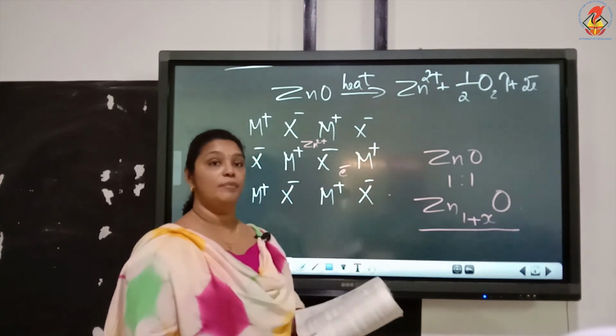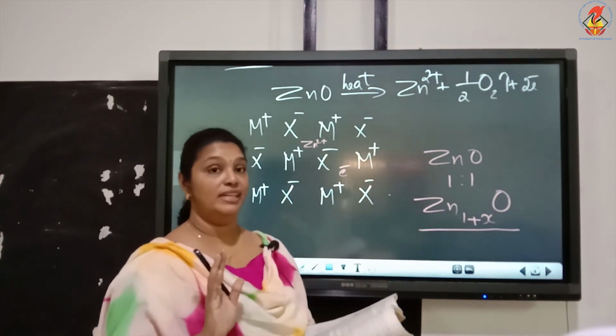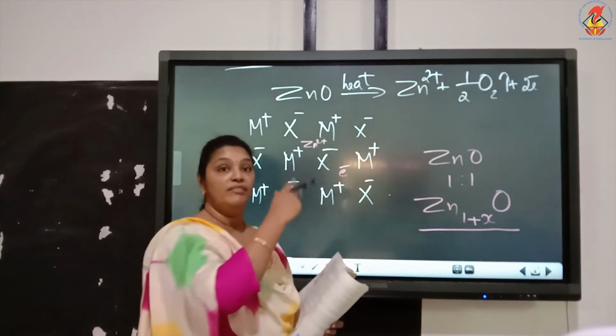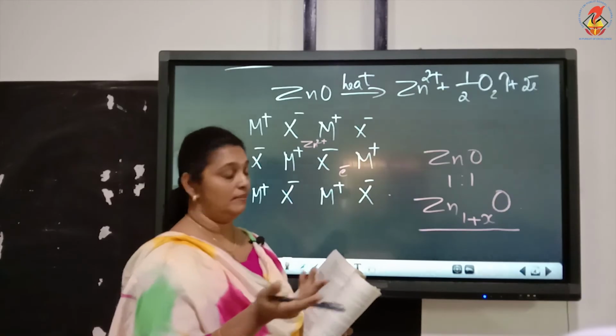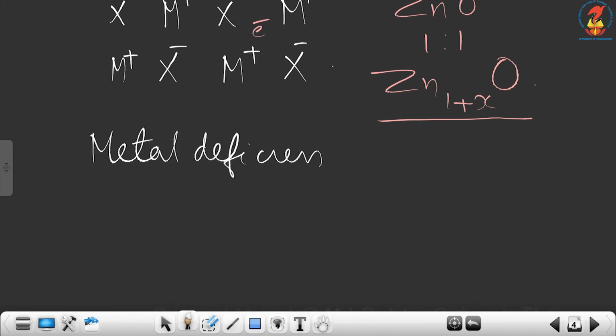Now, the last type of defect, that is the second type of non-stoichiometric defect, is metal deficiency defect. So, in these two cases, we had metal excess defect. Now, the last one is metal deficiency defect.